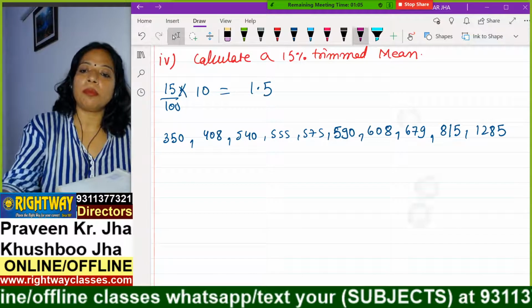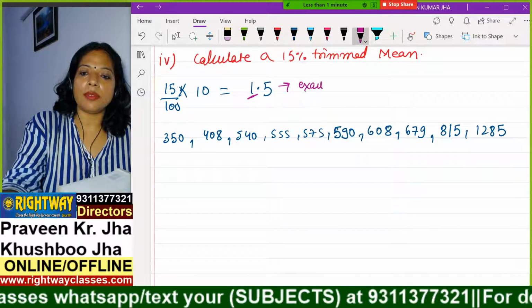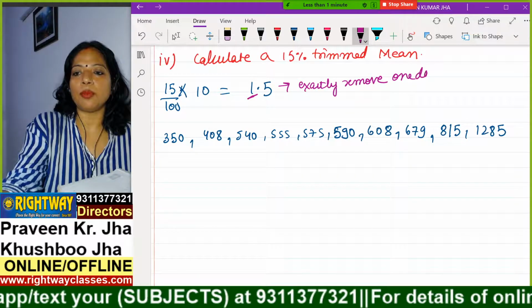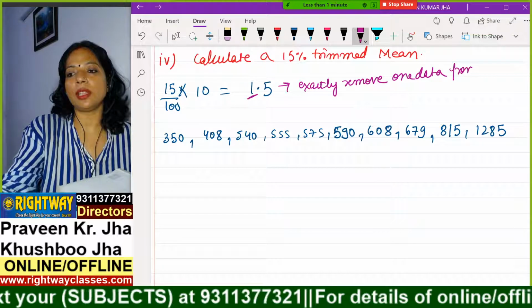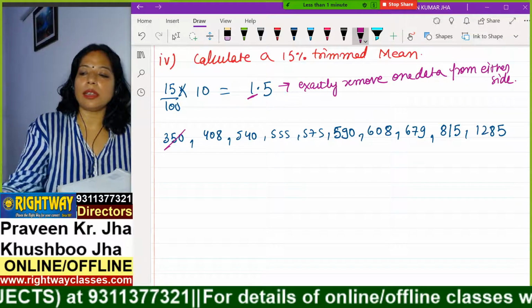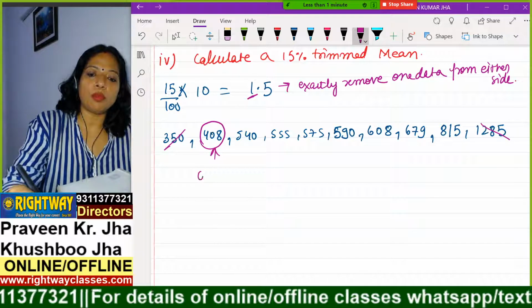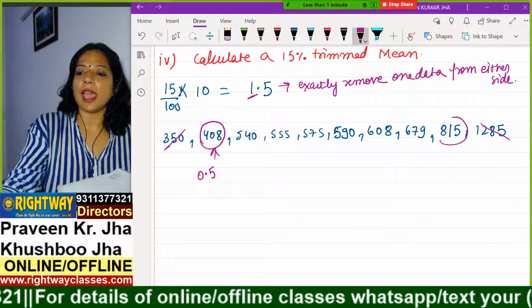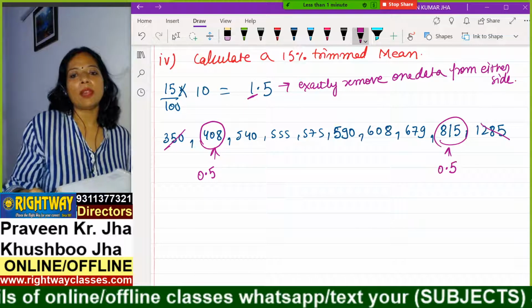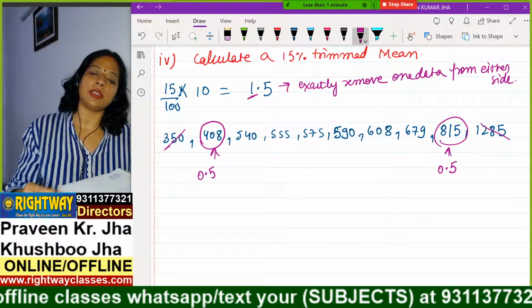Now see, 1.5 trimmed percent means the integral part is 1. So exactly we will remove 1 data from either side. But what about 0.5 from either side? For 0.5 we will take 0.5 of this and 0.5 of this, because we can't remove 408 entirely and 815 entirely.